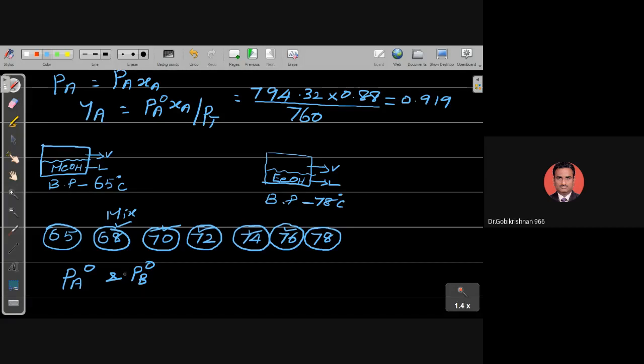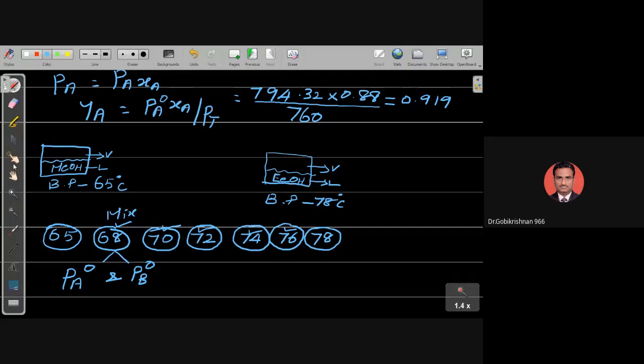How do I find the PA0 and PB0 values for a particular temperature? The vapor pressure temperature relation is there. In that relation, you substitute the value of T and find PA0 and PB0. This is for one particular temperature I am talking about.